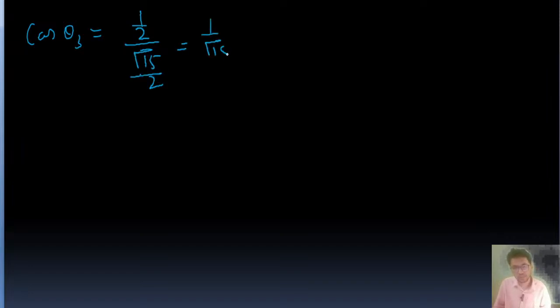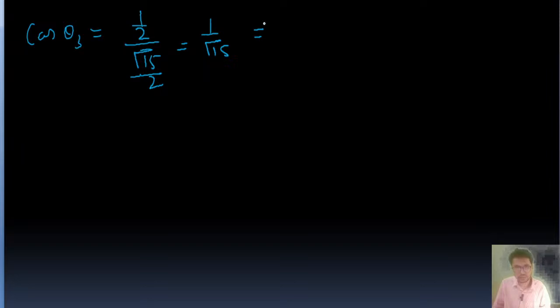Now cos theta 3 value is going to be simple, 1 by 2 upon root 15 by 2. That is 1 upon root 15, right?